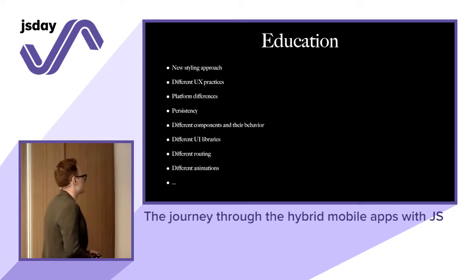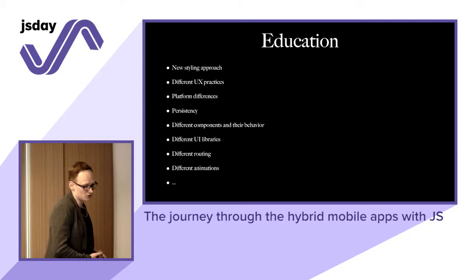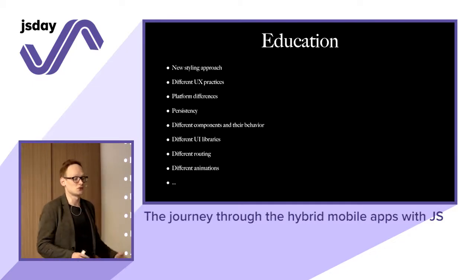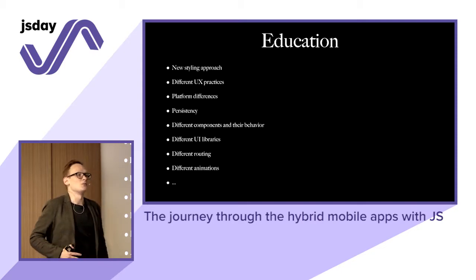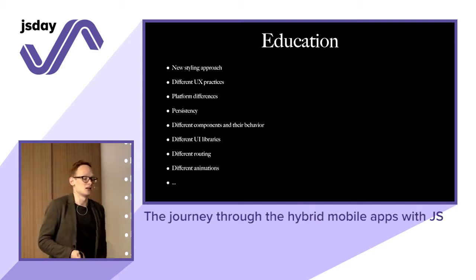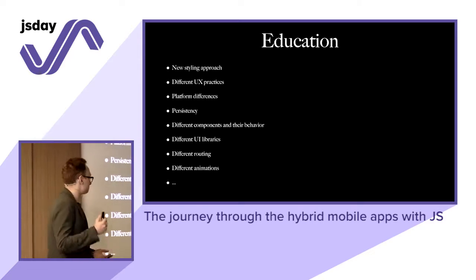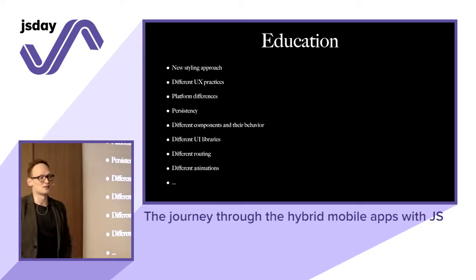On mobile, it's not like that, and we need to learn how to work with persistent storage, because on the web we usually stick to some local storage and that's it. We don't keep many files or any complicated data on the front end. Now it's a little bit different. The behavior of components is different.